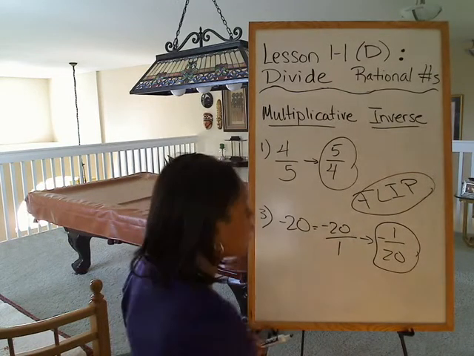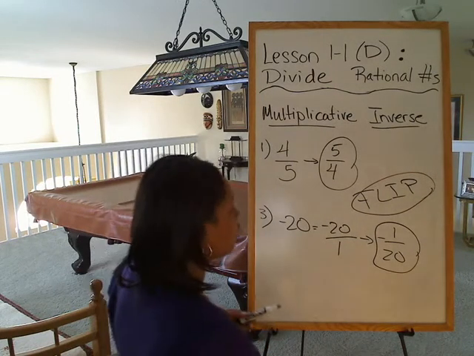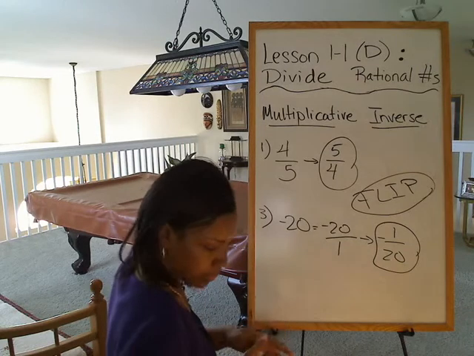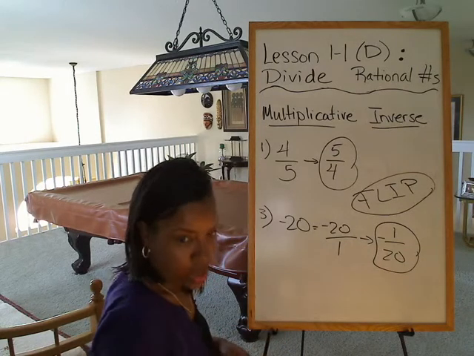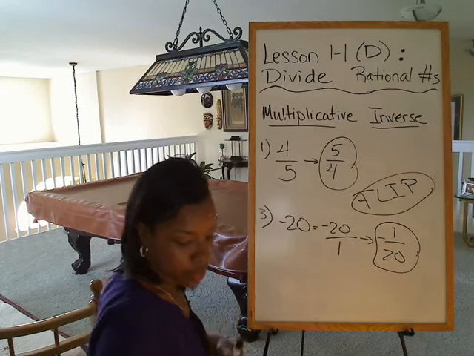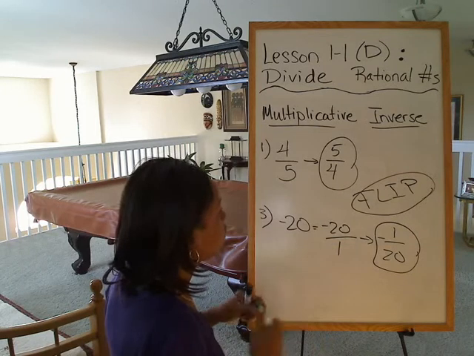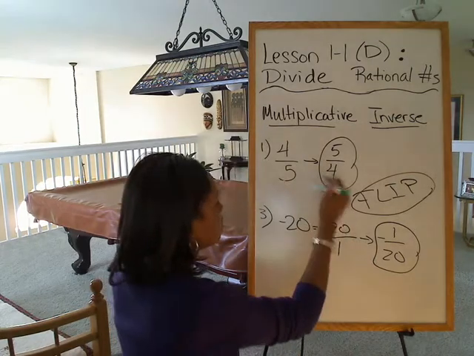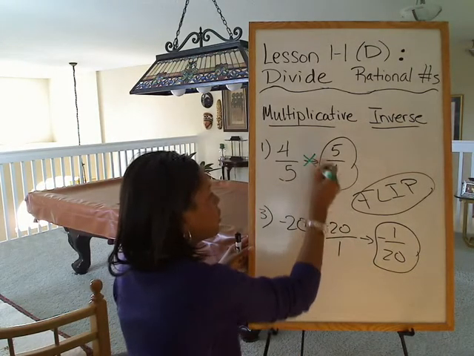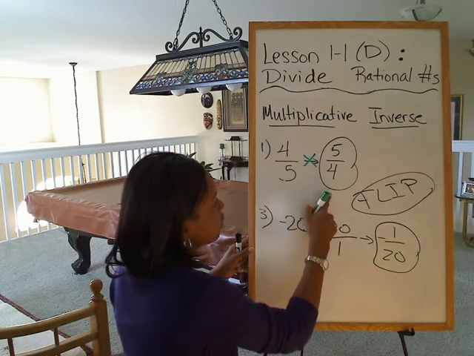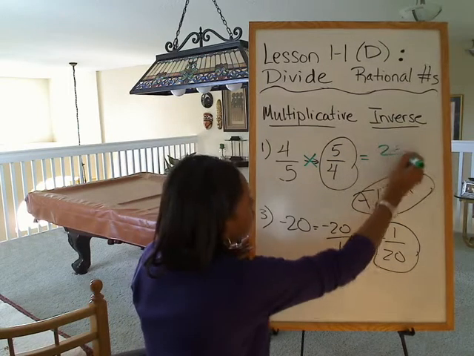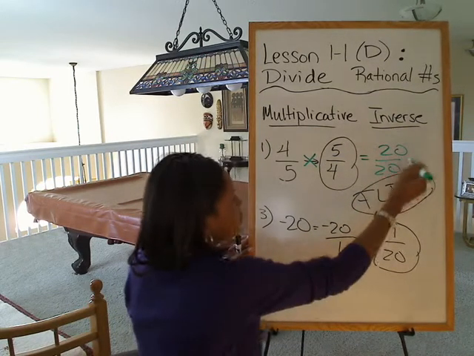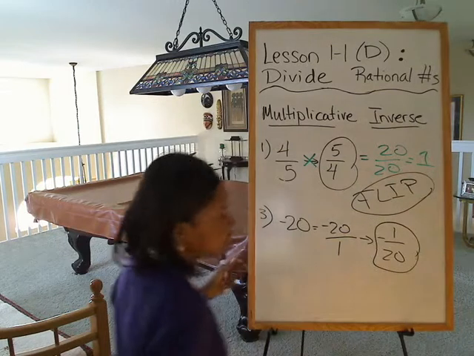Okay, so now I want to explain to you why they call it a multiplicative inverse. The reason is because when you multiply these two numbers together, say you are multiplying 4/5 times 5/4, you would get 20/20, right? Which equals 1.